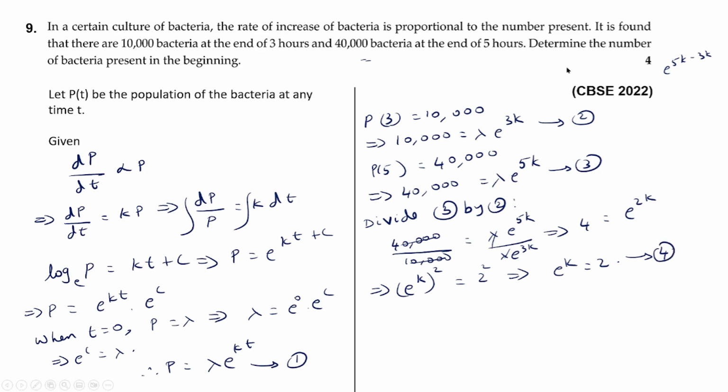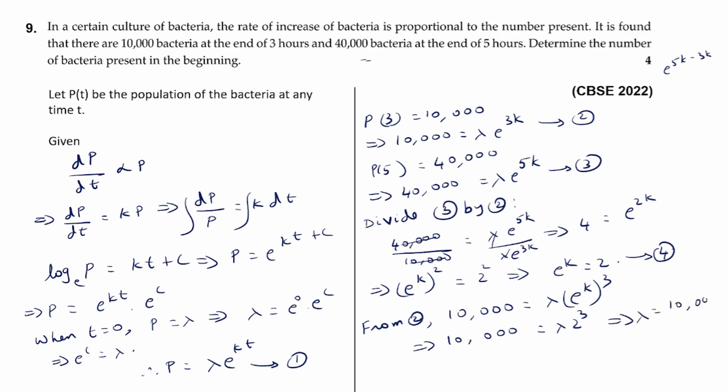Now we have to determine the number of bacteria present in the beginning. That is, we have to find lambda. From 2, we have 10,000 equal to lambda into e raised to 3k. We can write it as e raised to k the whole cube. Or we get 10,000 equal to lambda into 2 cube. From this we can see that lambda is equal to 10,000 divided by 8.